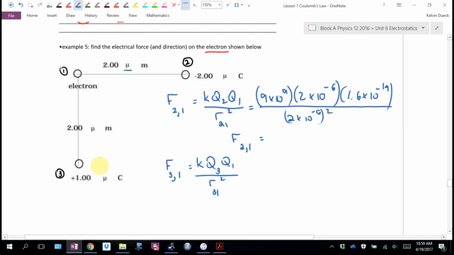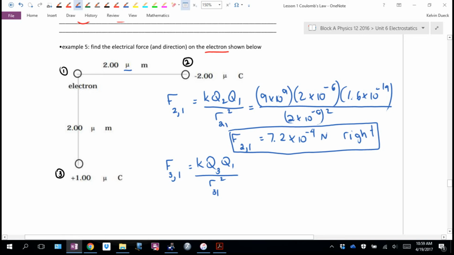Okay. So 7.2 times 10 to the negative 4 newtons, and now we come to the really important part, direction. Which way is that electron feeling a force from charge 2? Go to the right, you call it east, whatever. Okay? I'm going to use this for later, so I'll put a box around it.